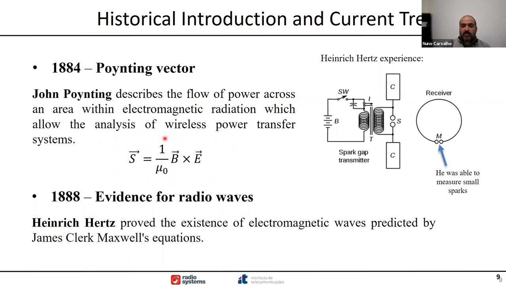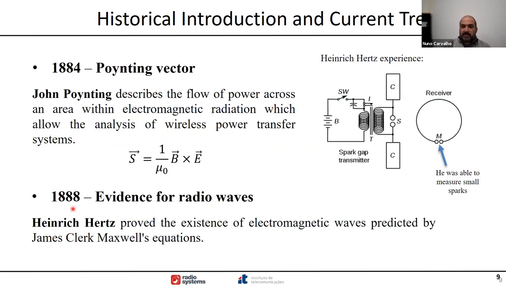This was the first theoretical aspect showing that you can send power or energy via electromagnetic waves, and this is the basis of our wireless power transmission as we have it today.